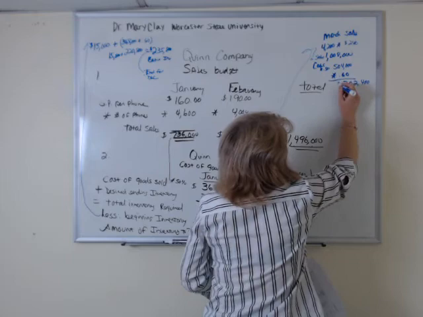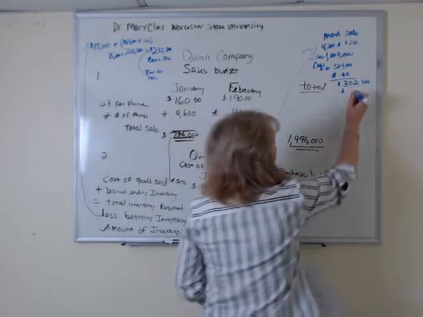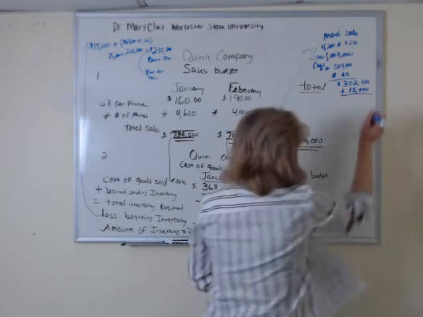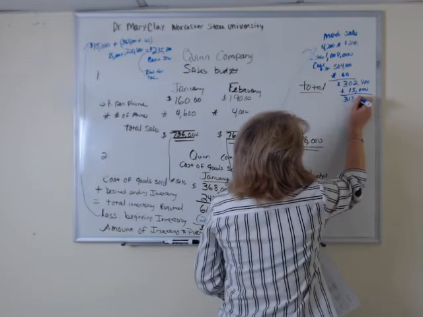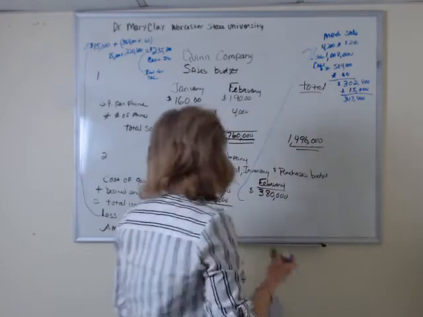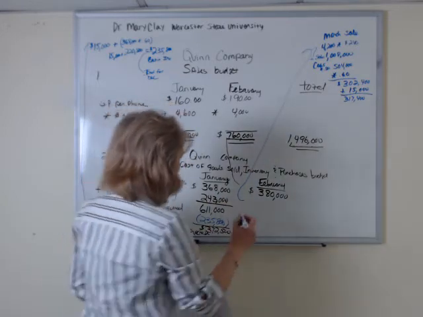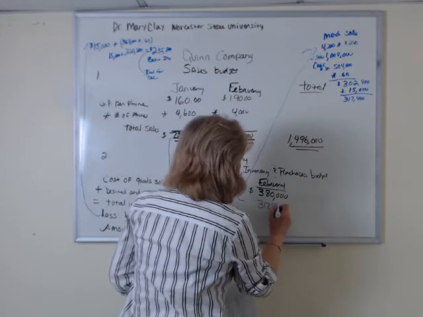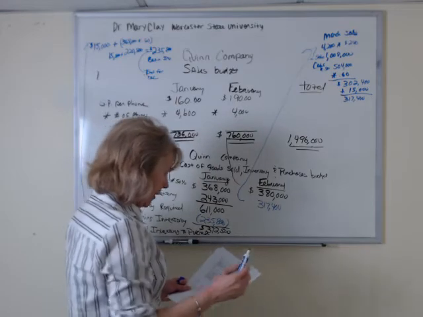Then I have to add, remember it also said plus 15,000. So I add the 15,000, and that's how I get 317,400. So 317,400 is my desired ending inventory.